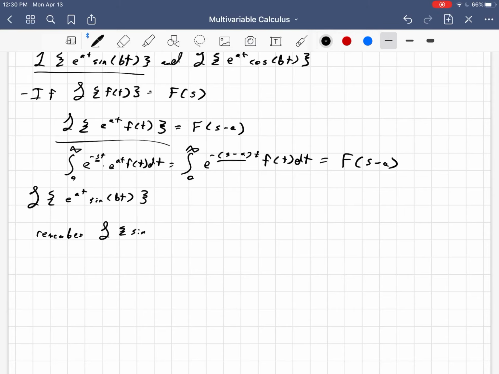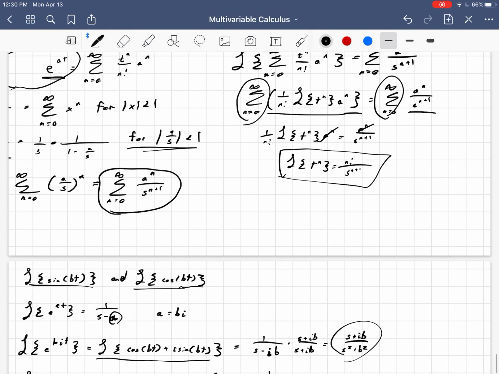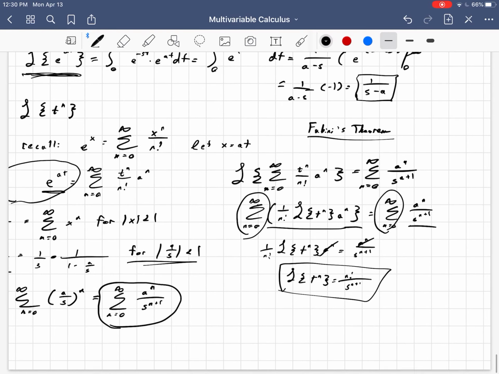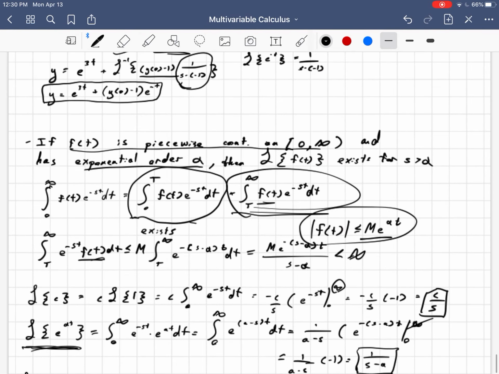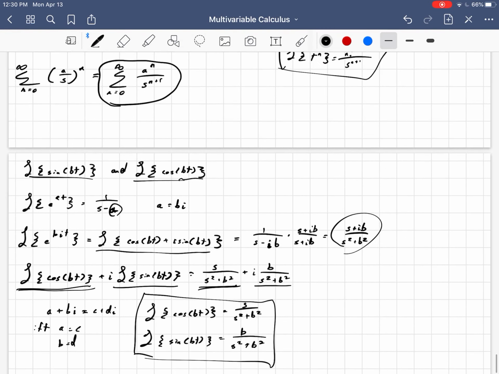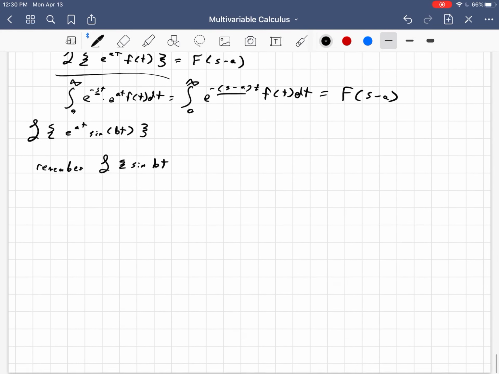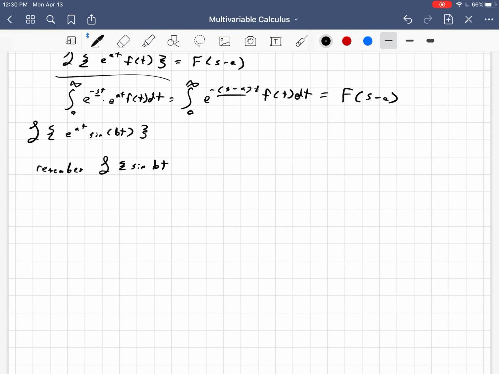So if I remember the Laplace transform of the sine of bt, I think it's b over s squared plus b squared. See, I did it up here. The sine of bt is b over s squared plus b squared.